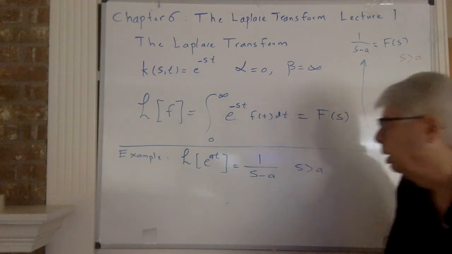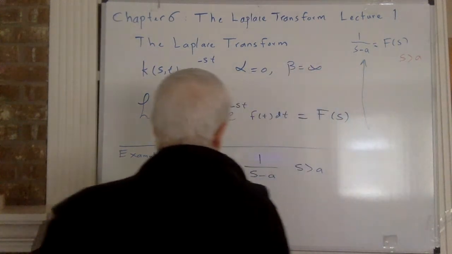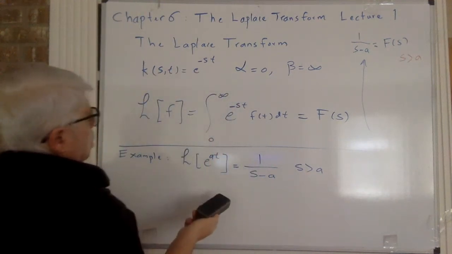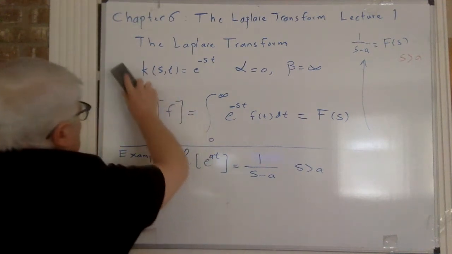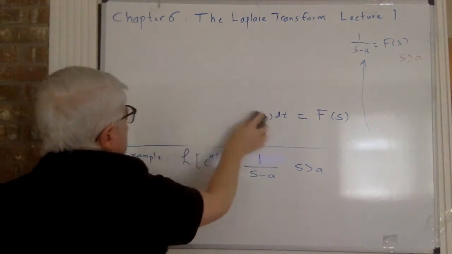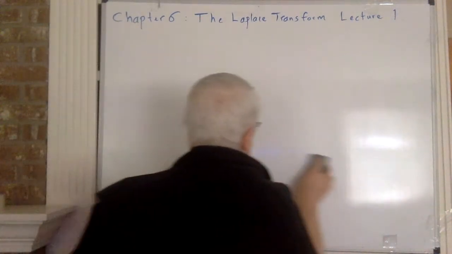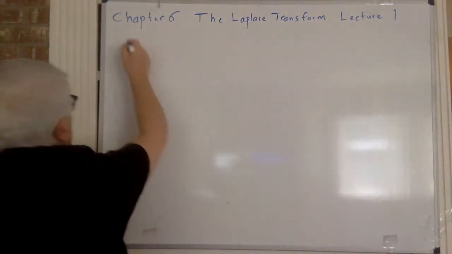Let me try to find the Laplace transform of some other functions, especially the ones that we need, like sine, cosine, and things like that. So let me erase this. Another example.